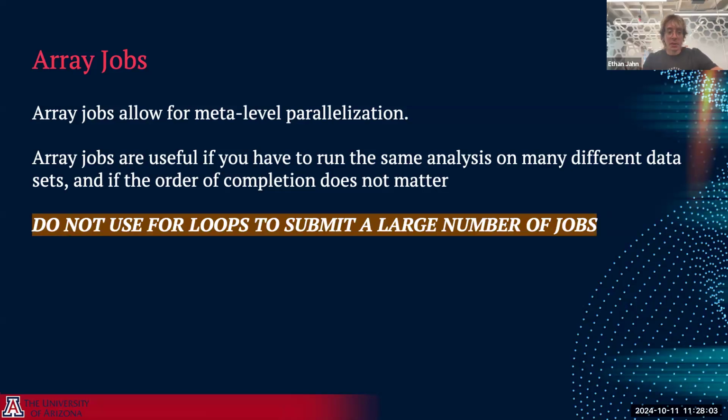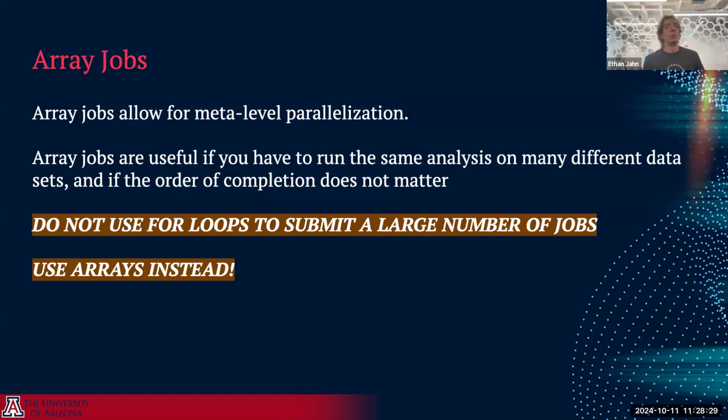One thing to note, don't use for loops to submit a large number of jobs. This can cause problems with the scheduler. So instead, we use arrays to submit a large number of jobs. It might be tempting because it's sort of easy to conceptualize, oh, for i in range 10, sbatch this program, right?